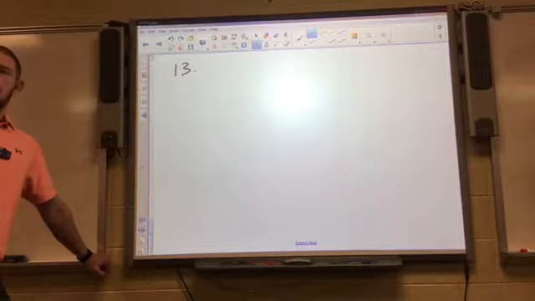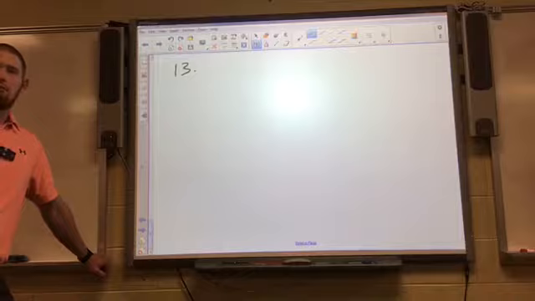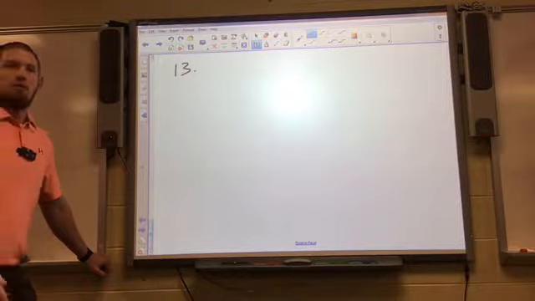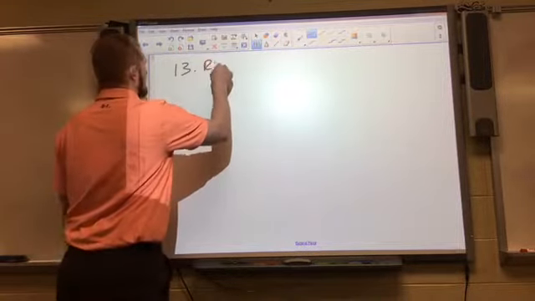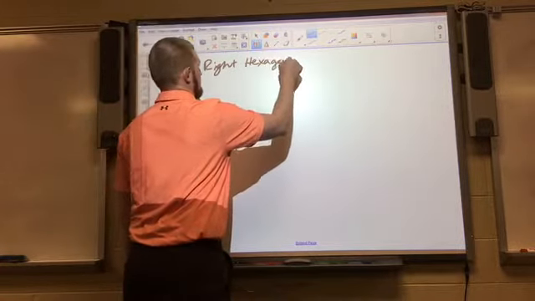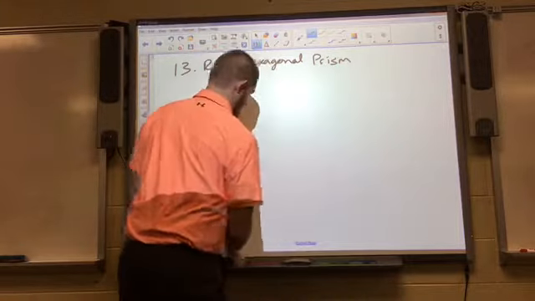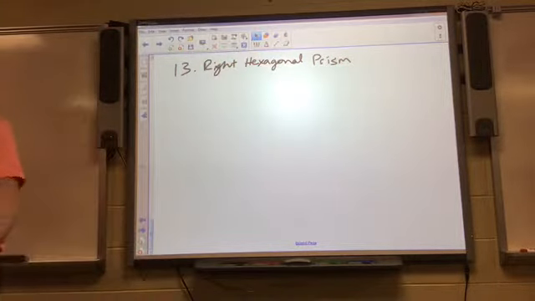Is it a right prism? Yeah. So what would I name this? A right hexagonal prism. Use the base in the name. Make sure to distinguish whether it is right or oblique.